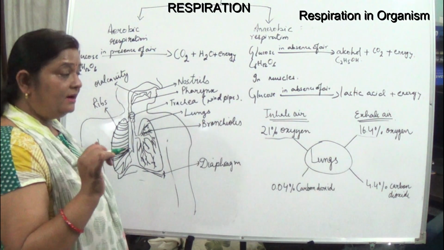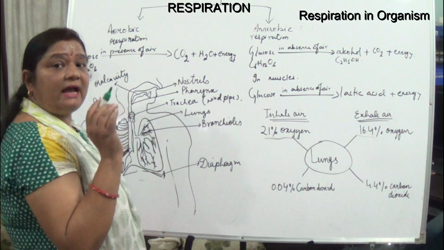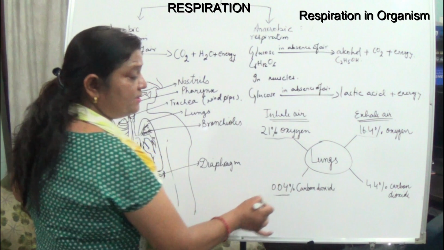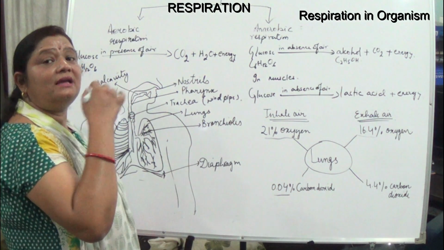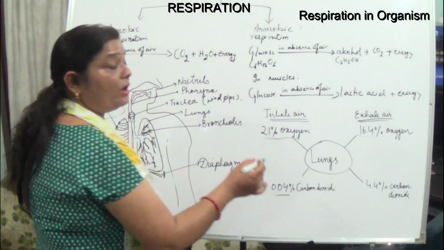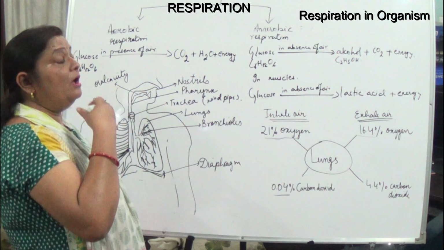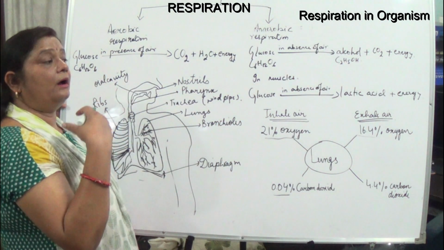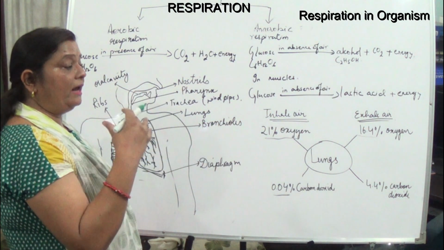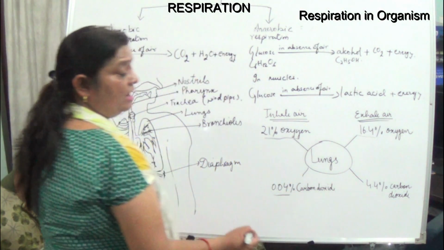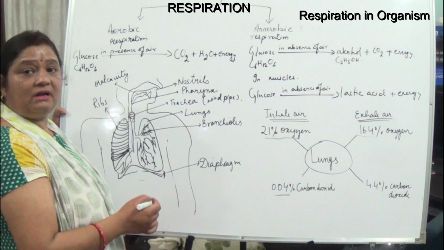Okay, and when we are inhaling air, that air consists of carbon dioxide also, of 0.04%, isn't it? But when we are exhaling, after oxidizing the food, that percentage is 4.4% of carbon dioxide, and that is quite large, isn't it?